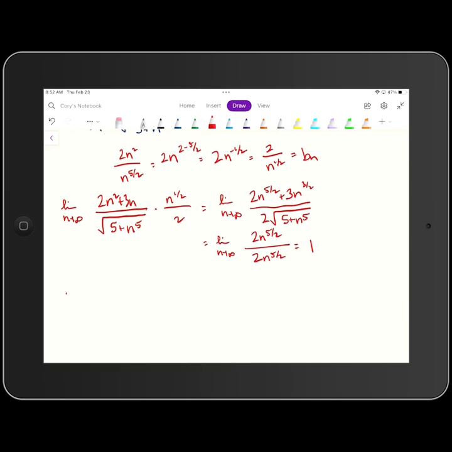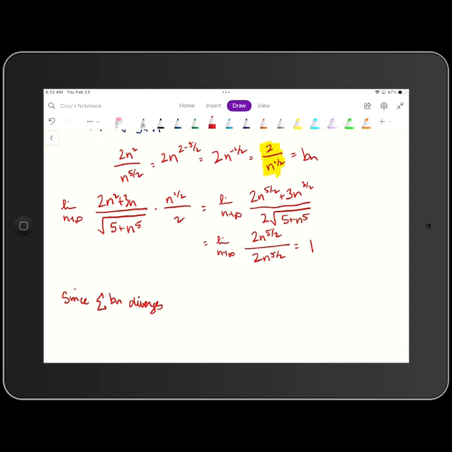So since the series b sub n diverges, so again, b sub n is 2 over n to the 1/2 power.